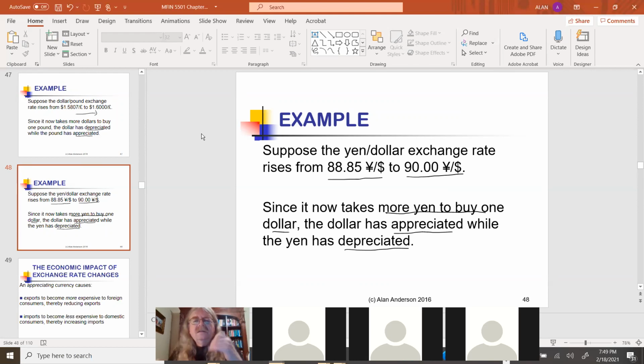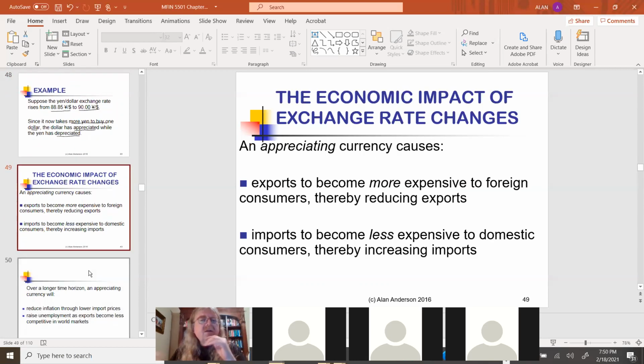Well, let's see. If the dollar gets stronger, or any currency gets stronger, we're going to see a numerical example of this in a minute. Exports become more expensive to foreigners, which means we sell fewer goods to them. But at the same time, imports into the United States become cheaper, and therefore we will buy more foreign products.